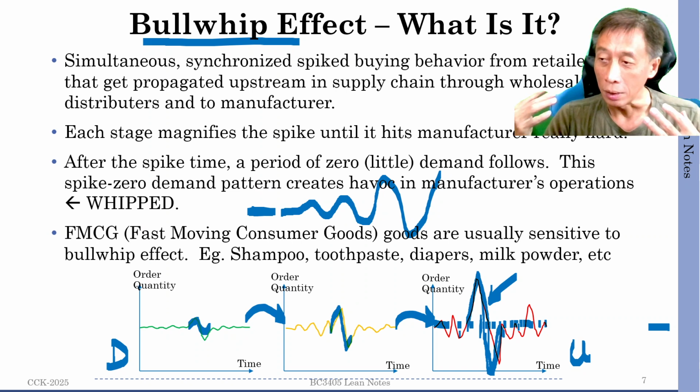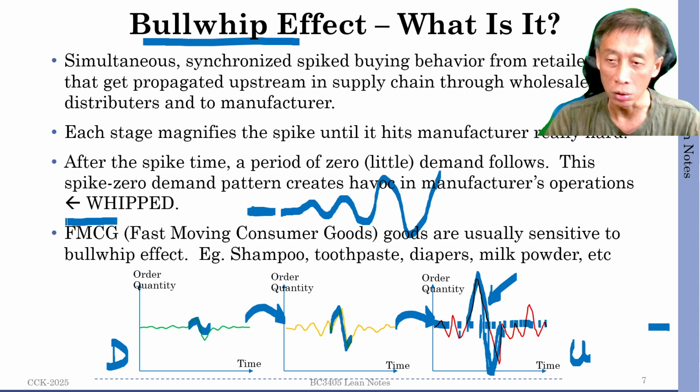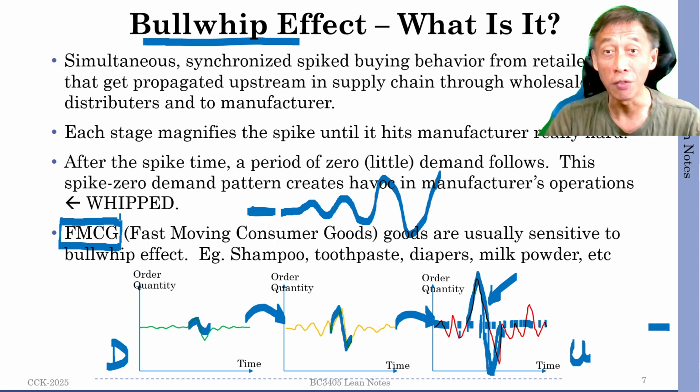All these FMCG, fast-moving consumer goods manufacturers, will tend to experience the bullwhip effect if the supply chain is not managed properly. Okay, because further down we're going to talk about how to reduce the effect or its impact. And fast-moving consumer goods, why?